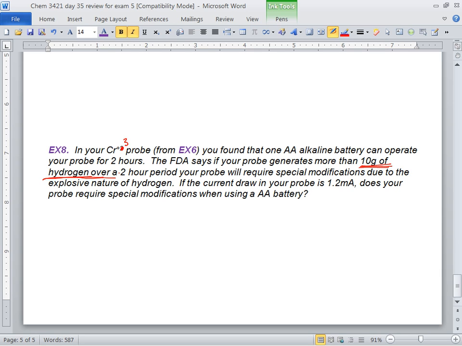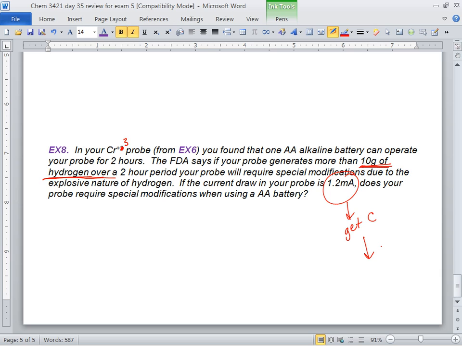Now, you're going to get what out of that? And really convert what to what? Get coulombs out of this. Get coulombs, and then convert it to grams of, what are they interested in?